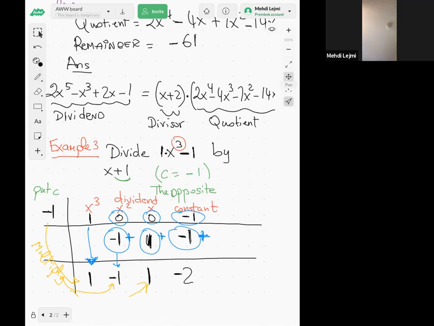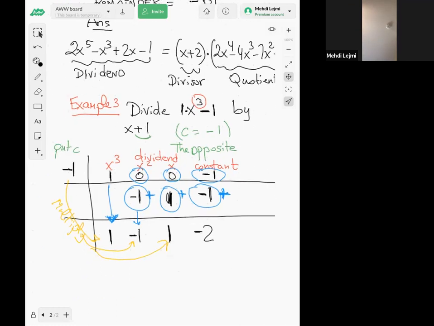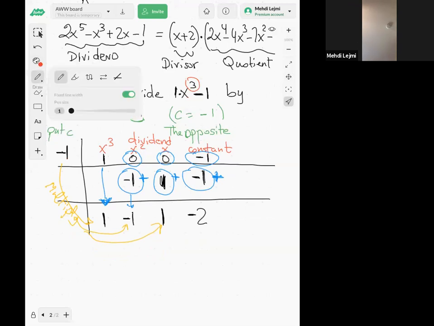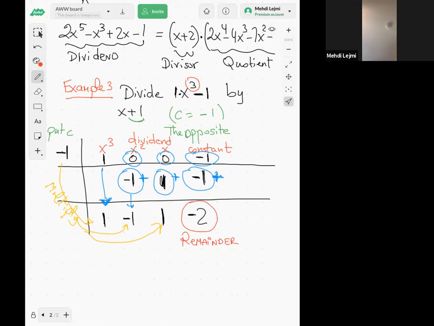Now, what will be the answer? The last number here is our remainder. For the quotient, this is x cubed, and in the quotient we start with 1 degree less, so it's supposed to be x squared.